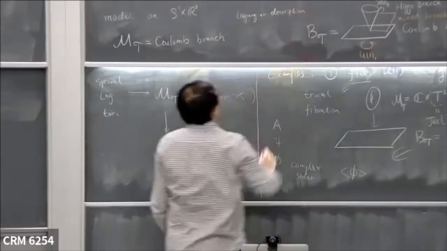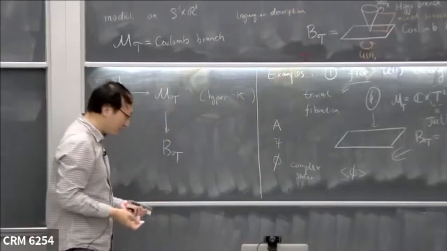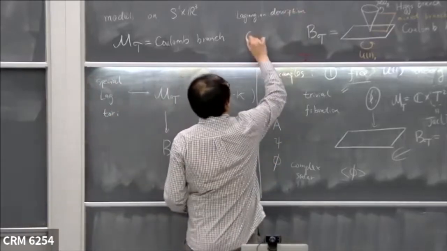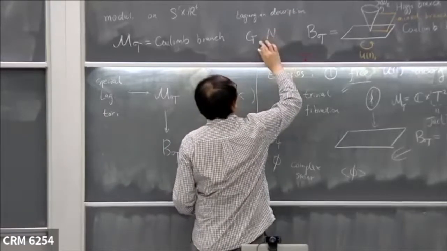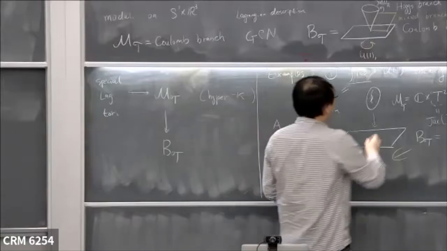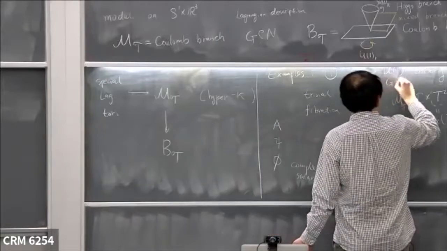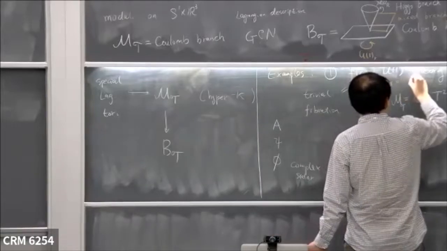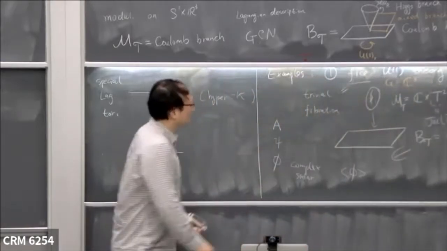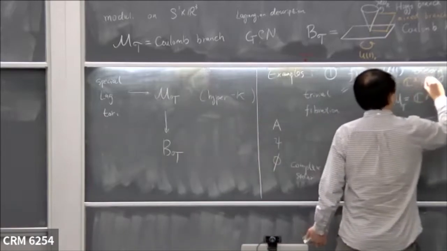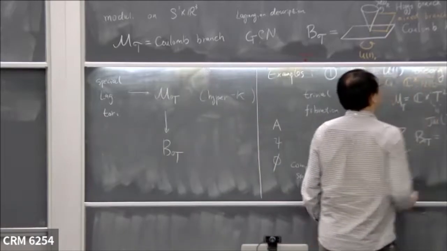So for some of the theories, they might have a Lagrangian description. I will not define this word precisely, but I will just say that it's specified by a choice of a gauge group and then another choice of a representation. So here we have G being either U1 or maybe C star, whatever notation you want to use, and then N being trivial.